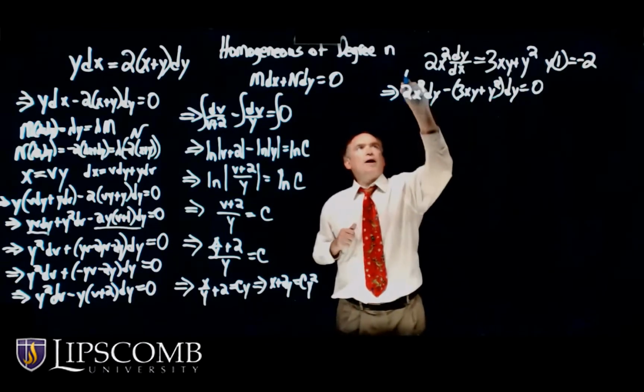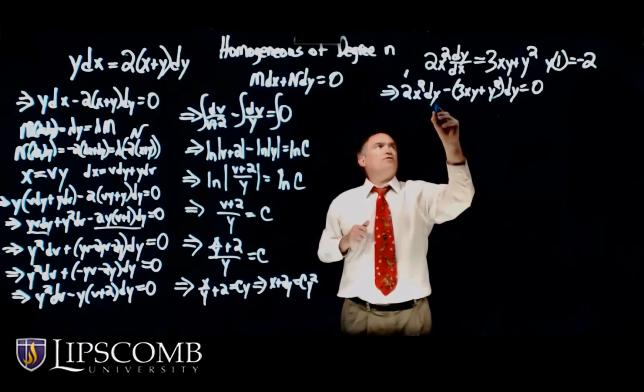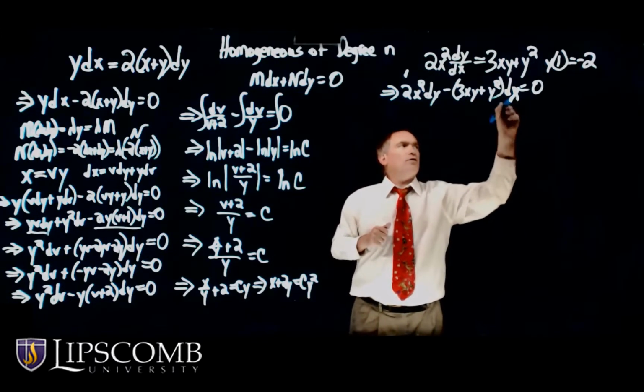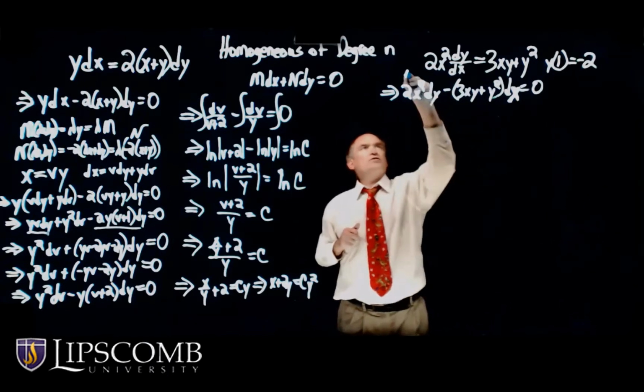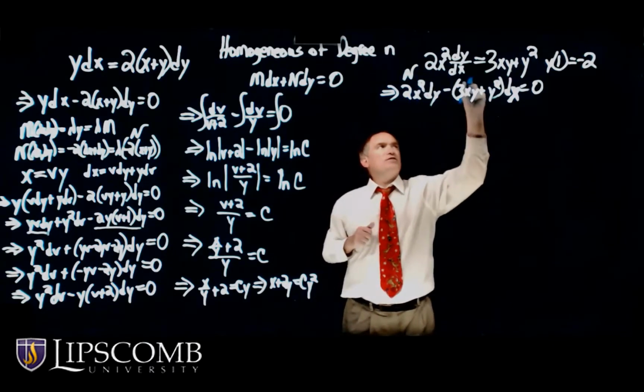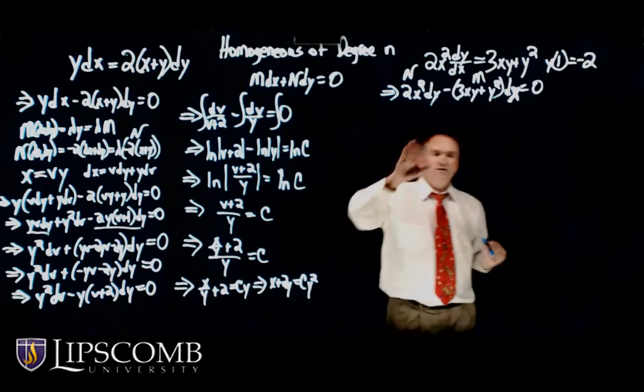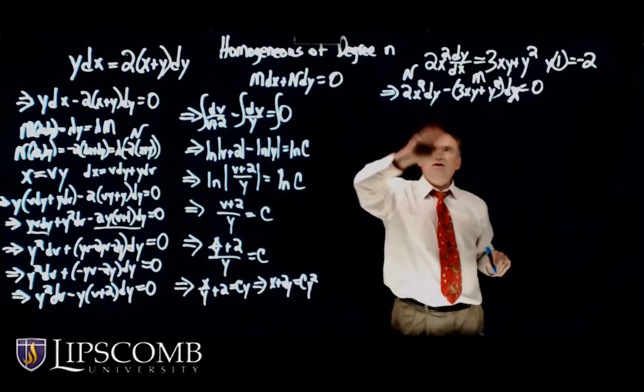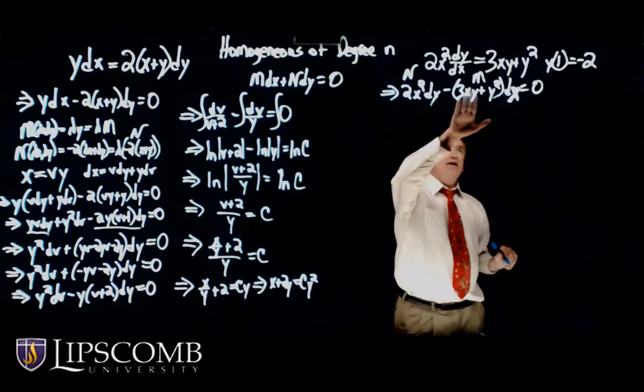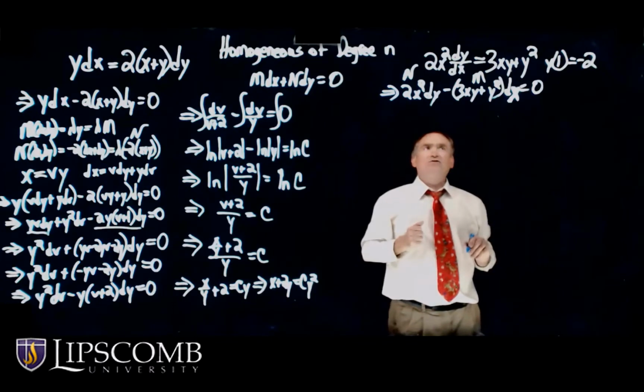So this is a dx, sorry, so that's a dx. So this is my N, this is my M. Now why did I say this was N? Because N goes with the dy, M goes with the dx.